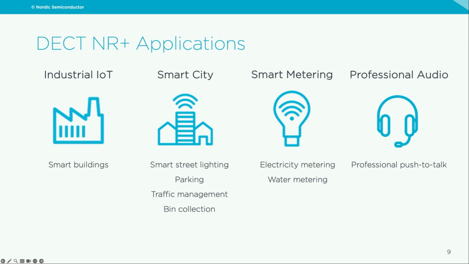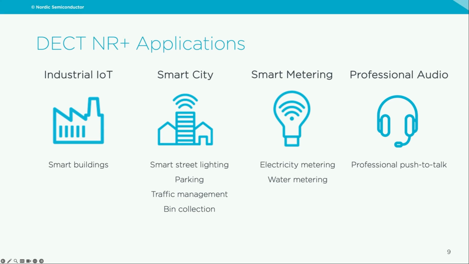Smart metering is a strong focus point for DECT NR+. Smart metering does require a bit more bandwidth when the meter reading frequency is increased and more quality data is read from the meters. So DECT NR+ and the bandwidth and the bit speeds could match there.